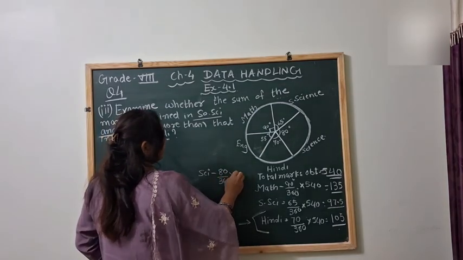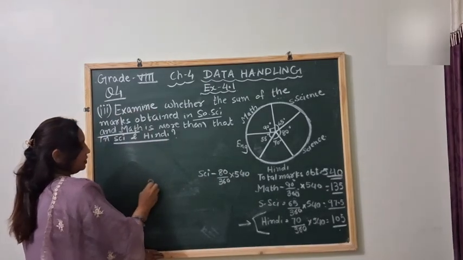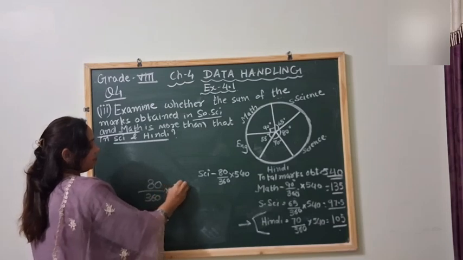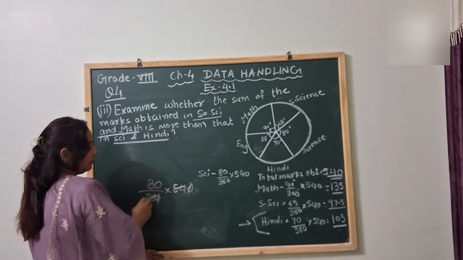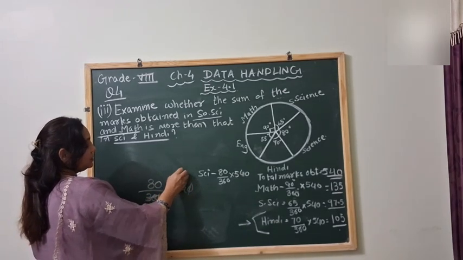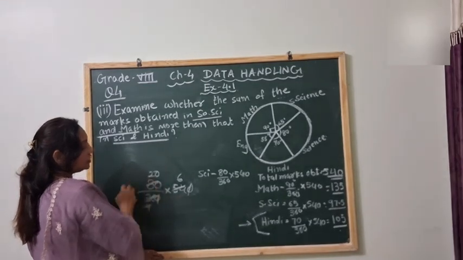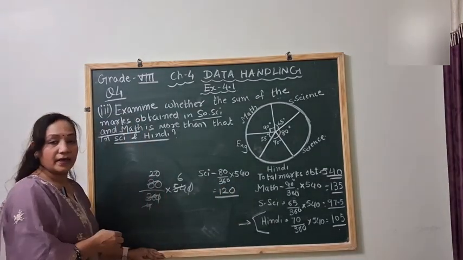Okay, ab isko hum calculate karenge. Yahan pe 80 divided by 360 multiply by 540 agar aap karte ho, 0 0 gone, 9 4s are 36, 9 6s are 54, 4 2s are 8, 6 2s are 12. So science mein 120 marks usne score kiye hain.